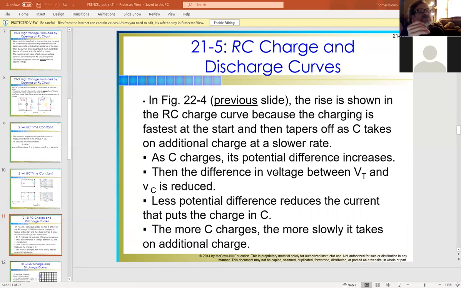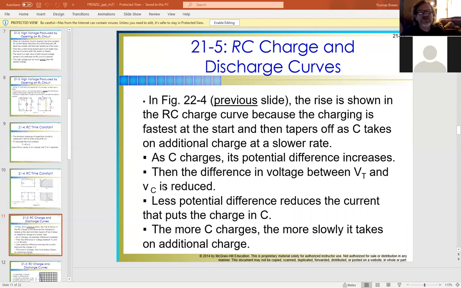Now its potential difference is going to change until the next point and the next point. And the difference in voltage between the VT and the VC is reduced, which affects how capable we are of charging. So the circuit is literally changing its properties as it's charging up.